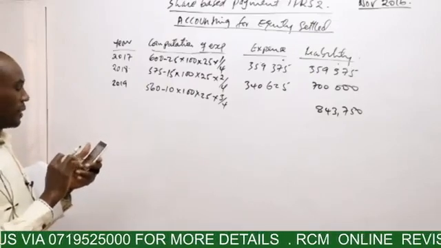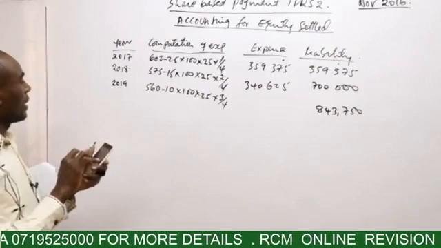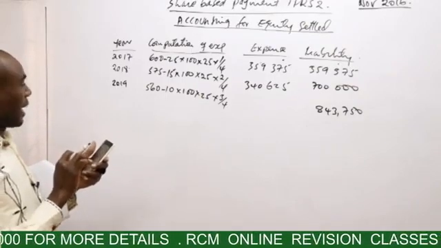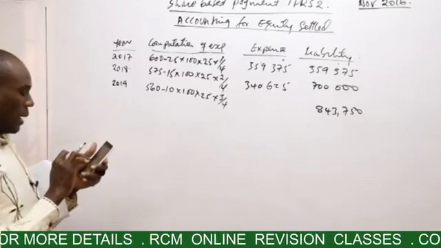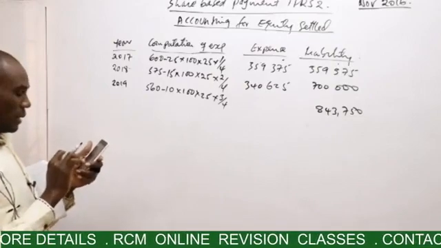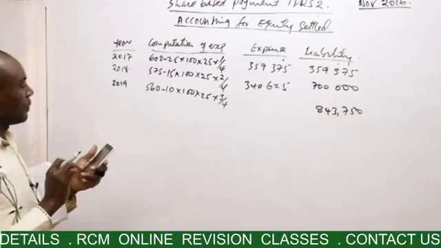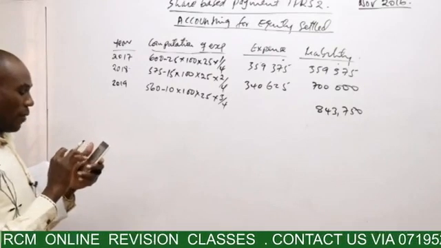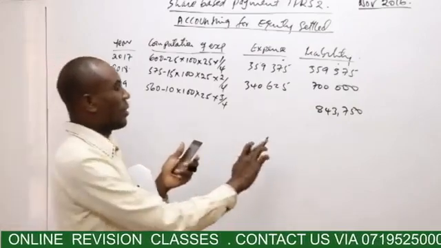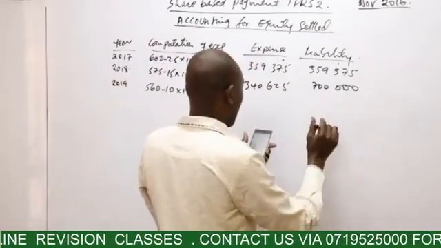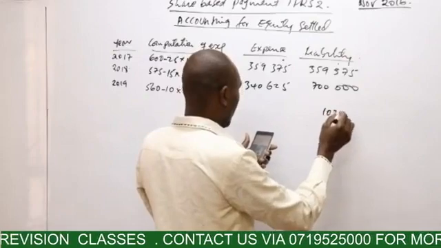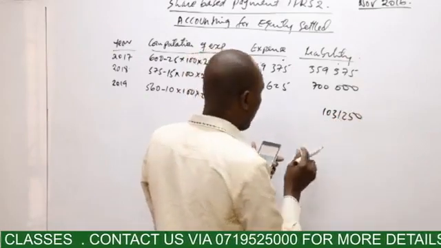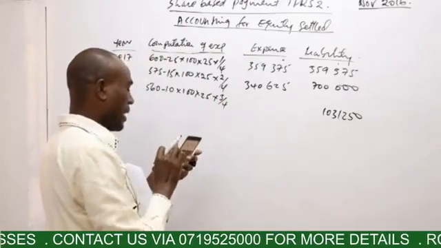Sorry, not 450. It is 550. 550 times 100 times 25 divided by 4. It is 1,031,250. 1,031,250 minus 700.